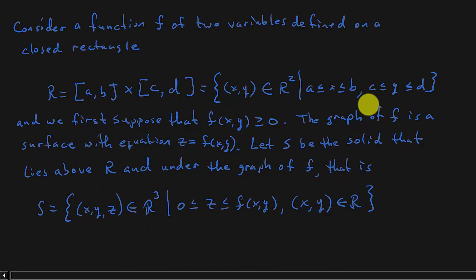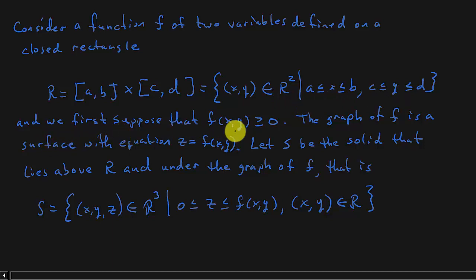So now let's consider a function f of two variables defined on a closed rectangle R, that's from a to b by c to d, where we have a point x, y, which is an element of R2, and x is between a and b, y is between c and d.